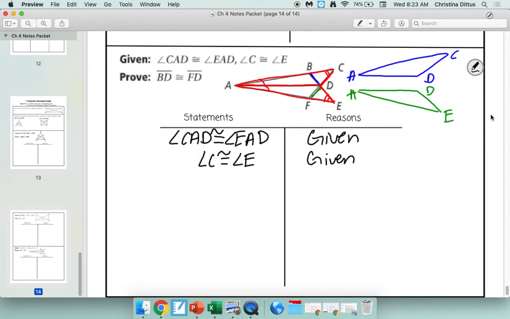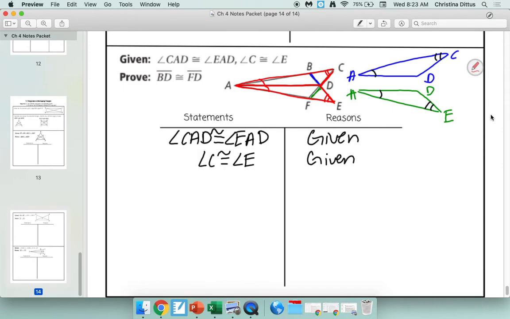Mark them in your picture: CAD, EAD, and then angle C and angle E. Good there?